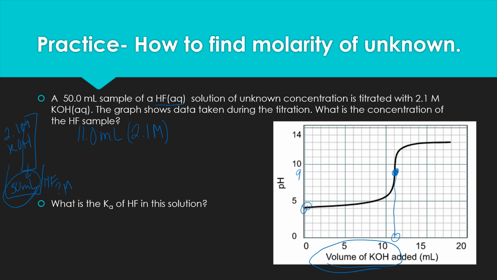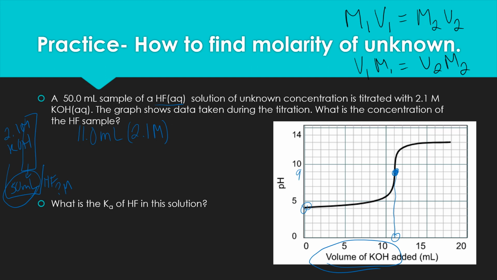Now, to solve this, we can use basically our dilution equation. You guys should remember from last semester, M1V1 equals M2V2. Some people also write it this way, V1M1 equals V2M2. You can think about these 1s and 2s as acid and base.